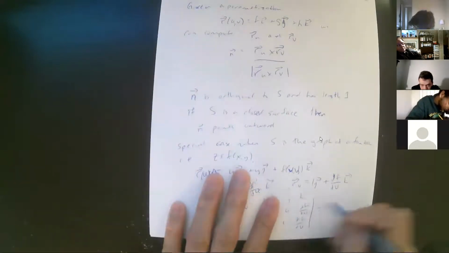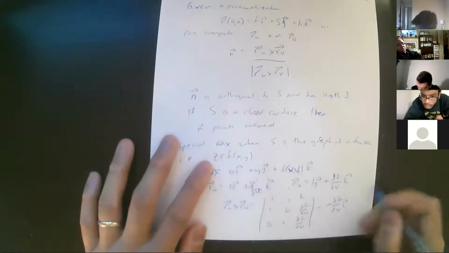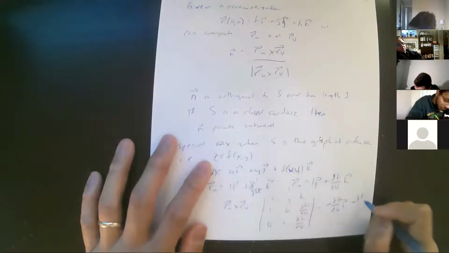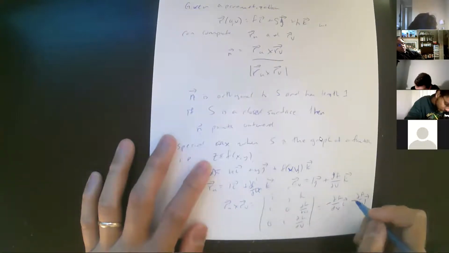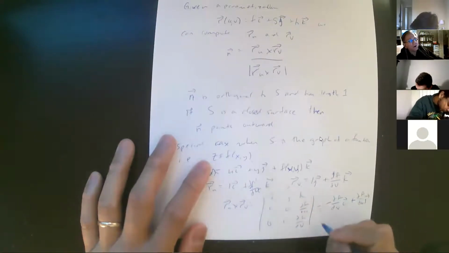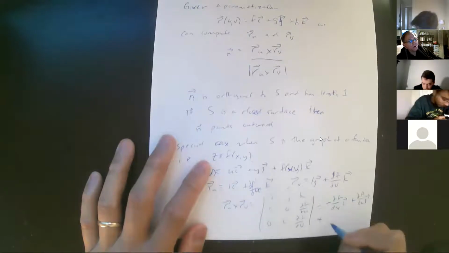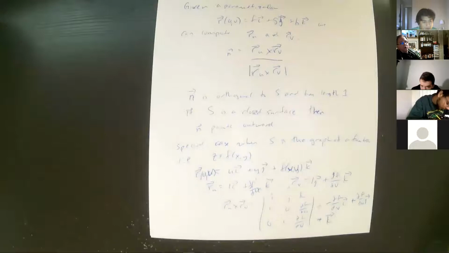So it's minus df/du i minus df/dv j plus k. Negative sign wrong. Okay, someone should check my work there. Shouldn't the second term have a dv in the bottom?